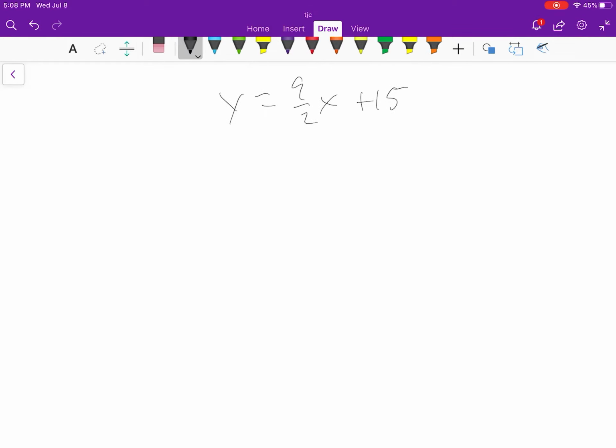So the next part is they'll give us an equation and they'll ask us to graph this equation. Well, the first thing to do when you're graphing them, there's really 3 different ways.